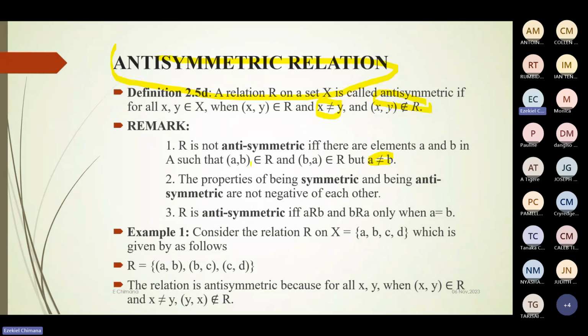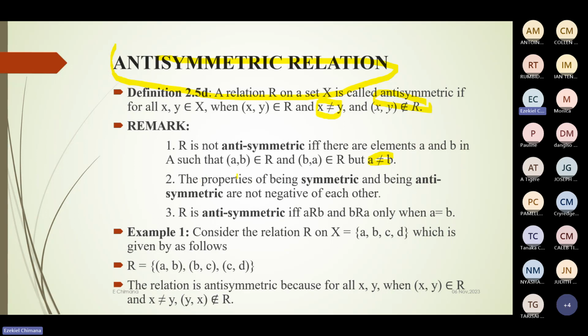To have (a, b) and (b, a) is only acceptable when a and b are equal. That's what we call the antisymmetric relation.